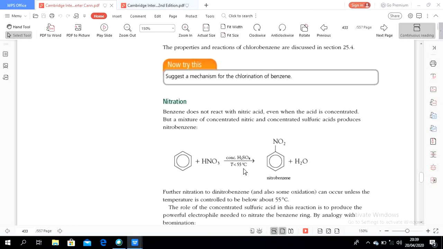As Professor Lowry said, an acid is a proton donor and a base is a proton acceptor. The condition for this nitration of benzene is a temperature less than 55 degrees Celsius. And then the side product of this one is water.